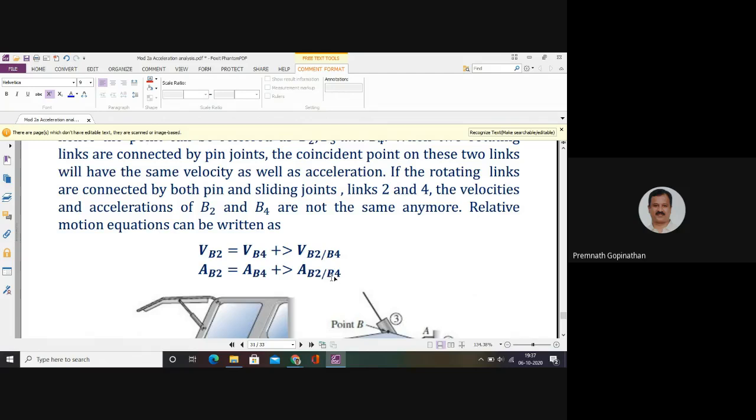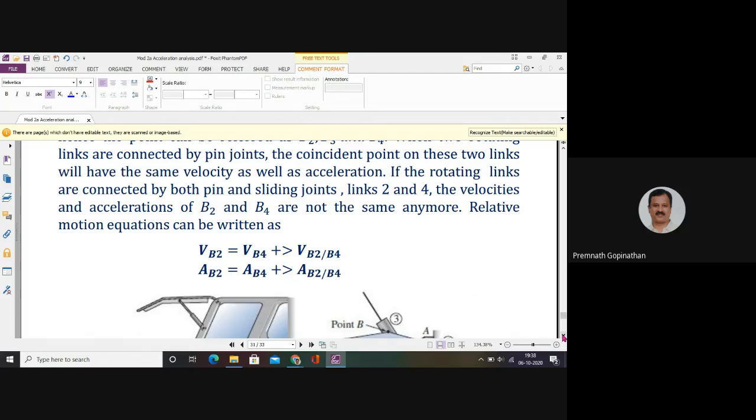Both have a relative motion. So definitely the absolute acceleration of point B lying on link 2 will be equal to the absolute acceleration of point B lying on link 4 plus the relative acceleration of point B lying on link 2 with respect to the point B lying on link 4. So that's what is being written here, right?